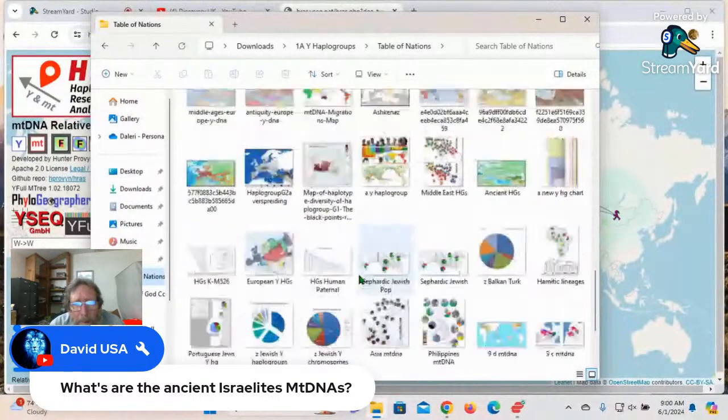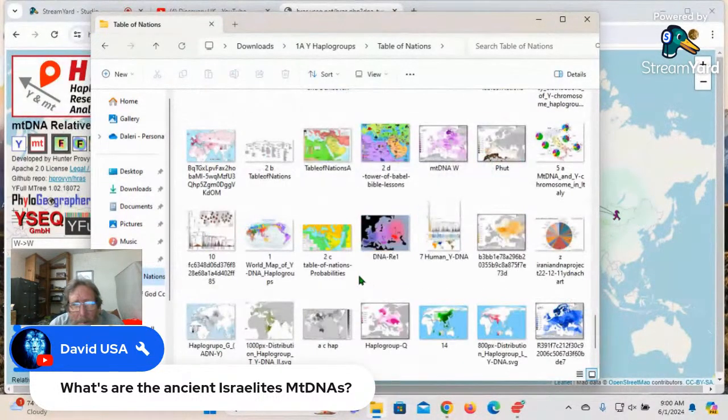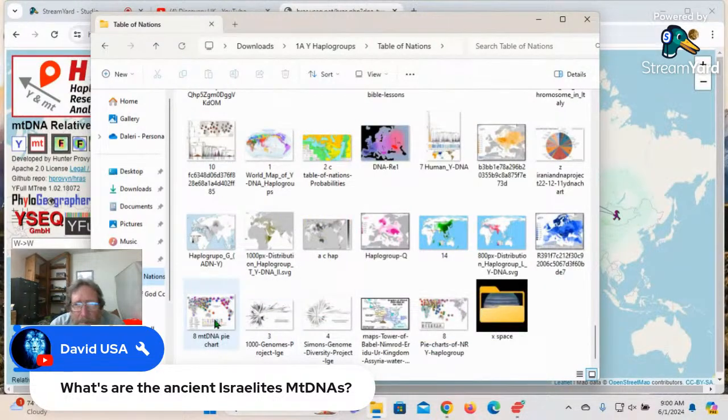Haplogroups, Middle East. I can find, here we go. What's this one? This is mtDNA. Yeah, this should work. Okay.